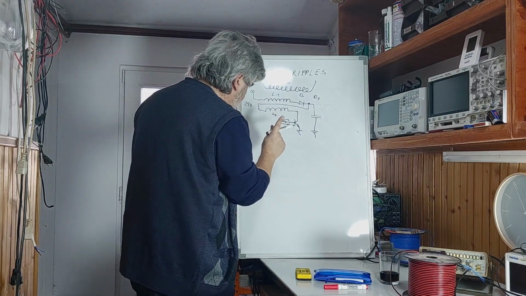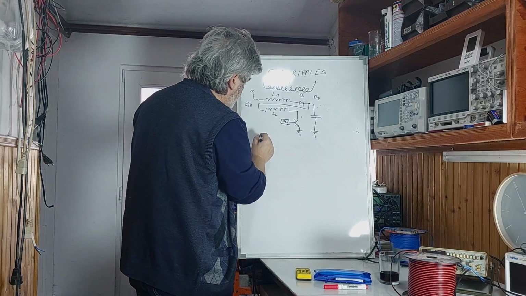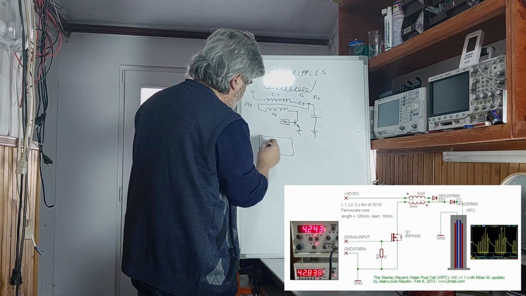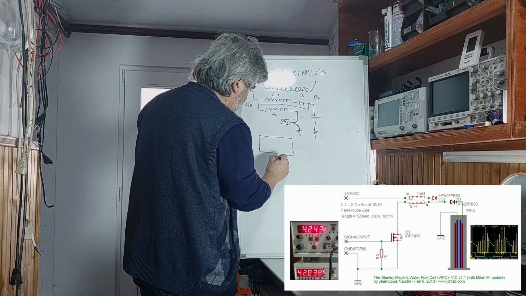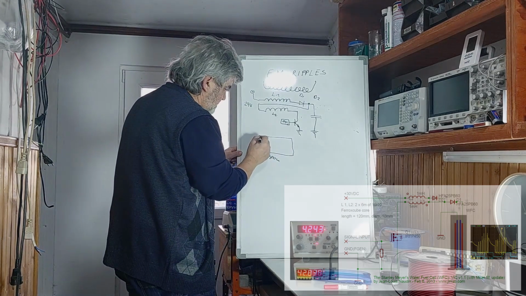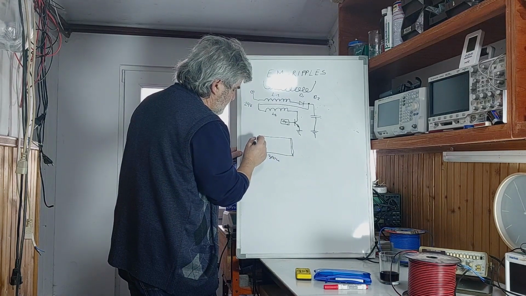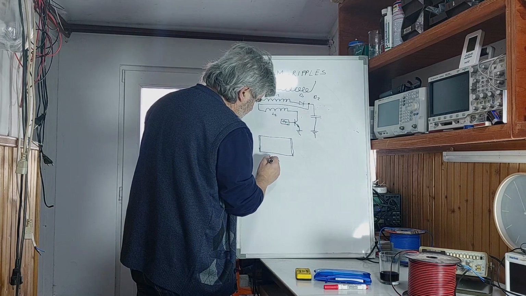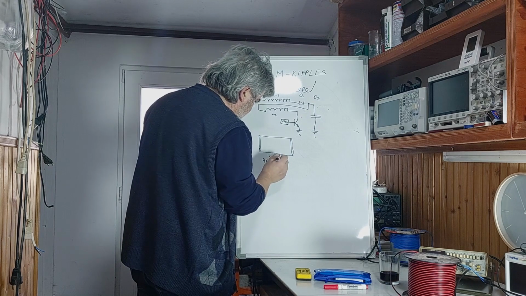The first Tesla coil which I made with this system was on a 300 millimeter diameter plastic tube. I used 100 meters of wire, I think it was 0.6, maybe 0.45, as I said before.